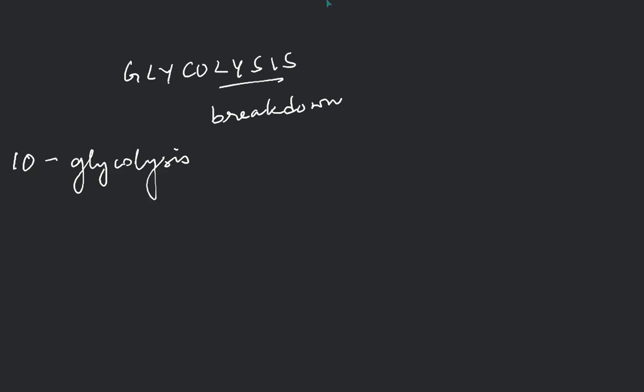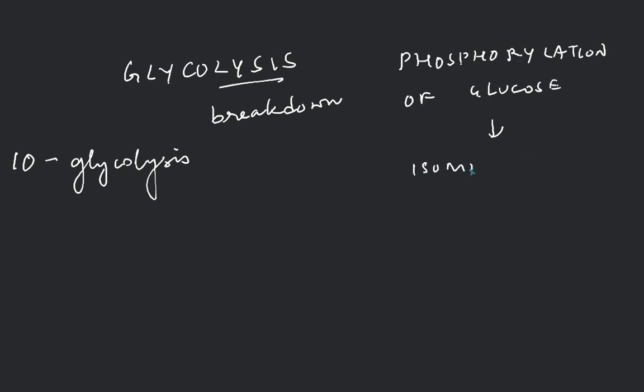Let me show it to you so that you can understand. Then this glucose 6 phosphate, fructose is an isomer, which means structurally it is the same. So the next step is isomerization into fructose 6 phosphate.